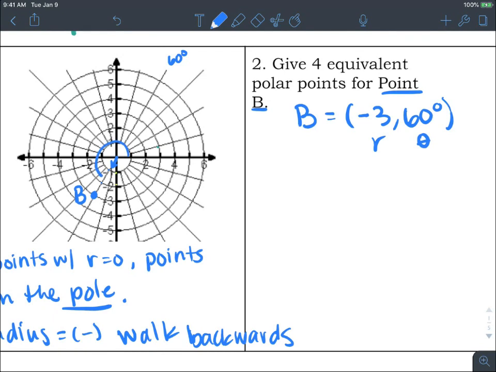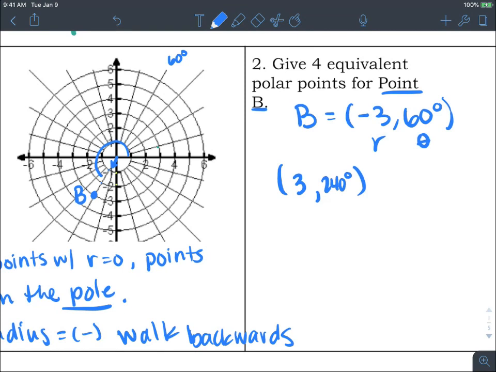If I were facing this direction, what angle would that be? That angle would be 180 plus 60, which gives me 240. We're going to do this in degrees. If I'm facing 240 and I want to get to point B, do I need to walk towards it or away from it? We walk towards it, so that's a +3. These are equivalent.